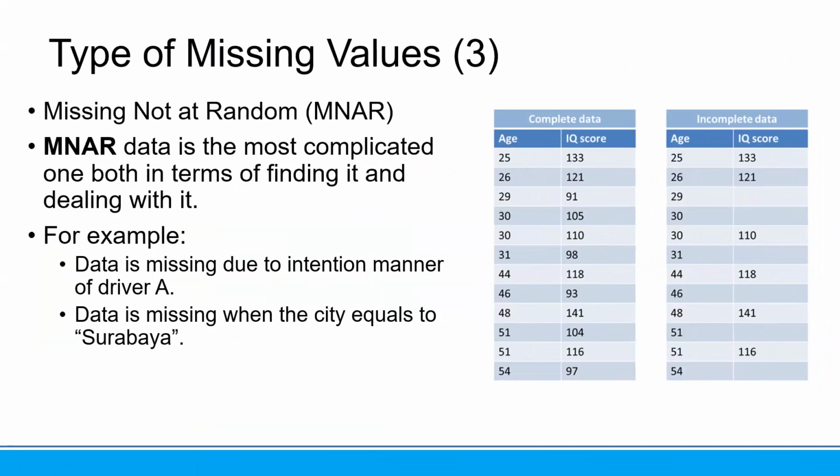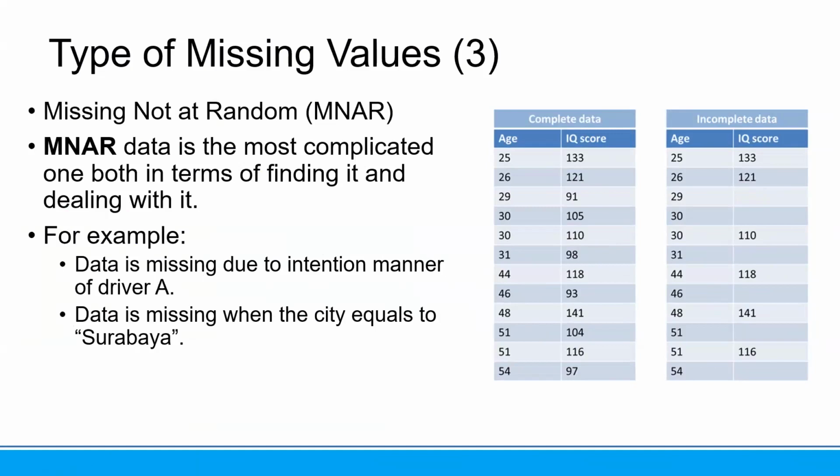You have a driver, maybe you have some drivers, and then one driver always does not give the proper data, or he always forgets to input the data. So I know that driver A always leaves the value missing. Or maybe we know that the data is missing when the city equals Surabaya. Surabaya is one city in Indonesia.